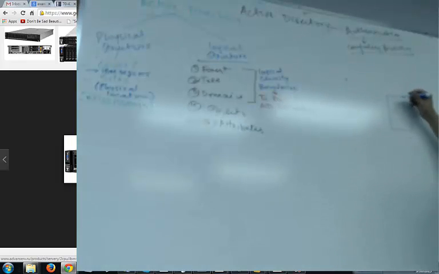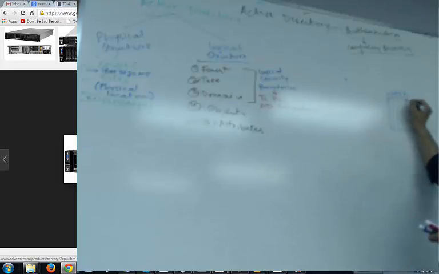So let's say this is a server, and on this server we installed 2008 R2. As soon as you install the operating system, we install Active Directory inside. How do I install Active Directory? I had to add a role.